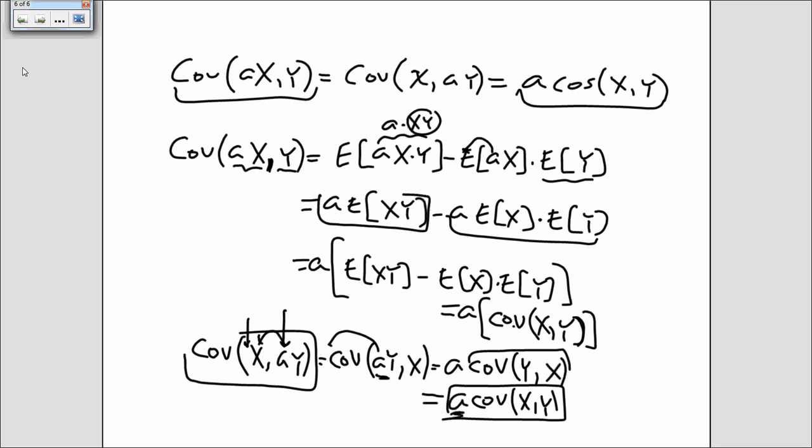The next one is this fact. I have to decide if I want to prove it or not, but it's important enough to at least state it. We at least have to state this theorem: the covariance of the summation of a lot of random variables, comma, the summation of a lot of random variables, say i goes from 1 to n, and j goes from 1 to m.